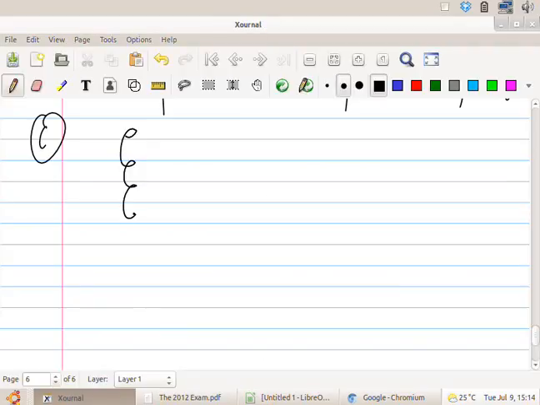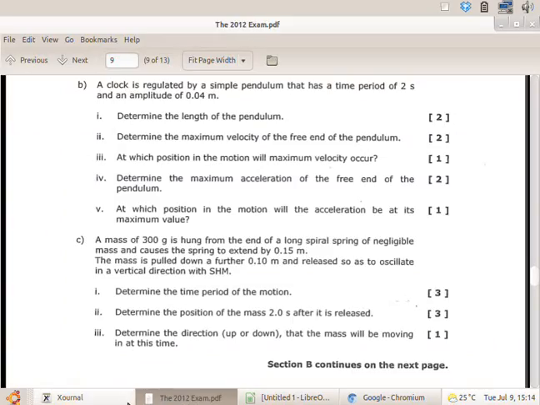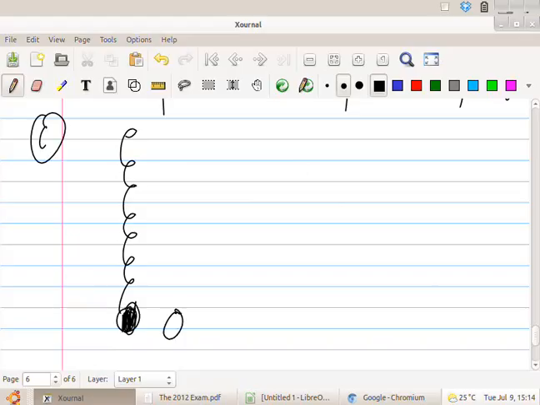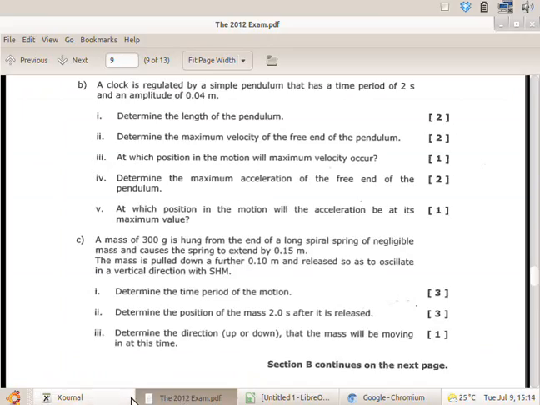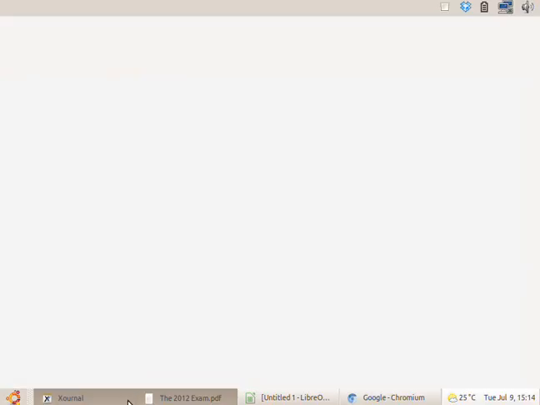You have a spring, and he says it is a 300 gram weight here, and it causes it to extend by 0.15.